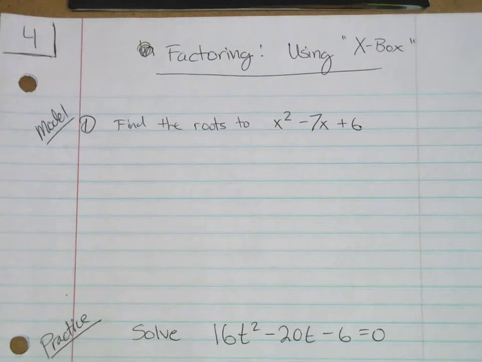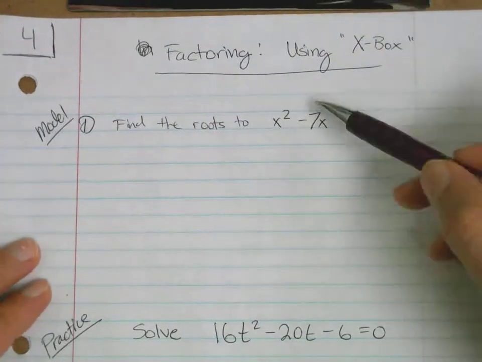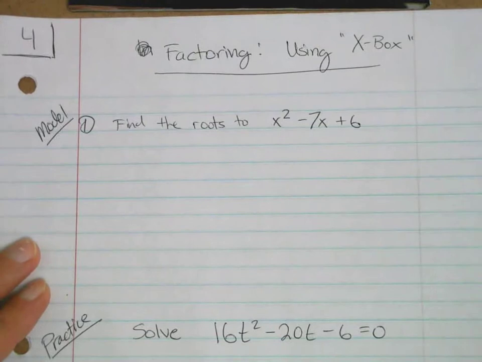Okay. Let's continue then. Find the roots to this polynomial, x squared minus 7x plus 6. The first thing that I want to think about is how to set this up to be able to do that. Sometimes it's already apparent.